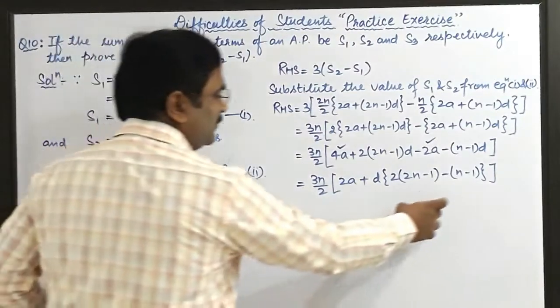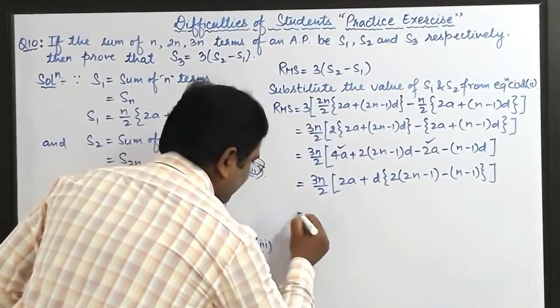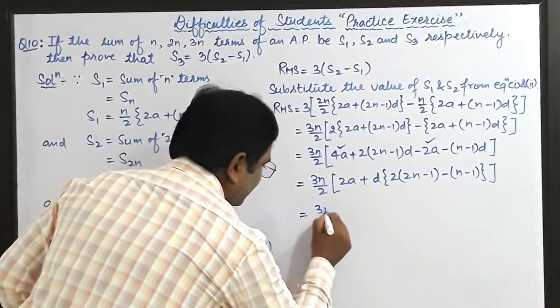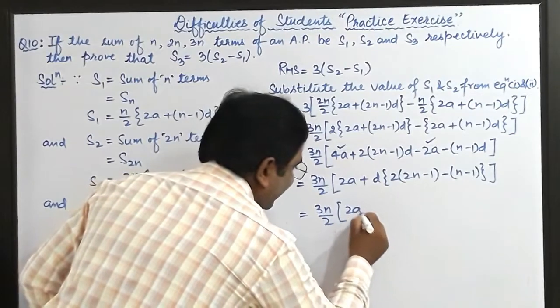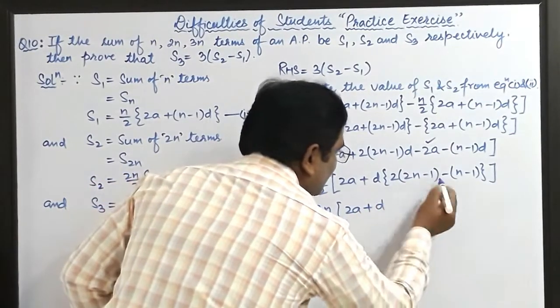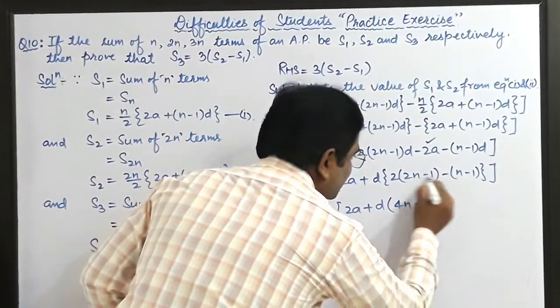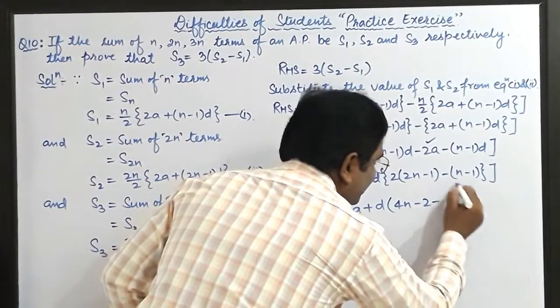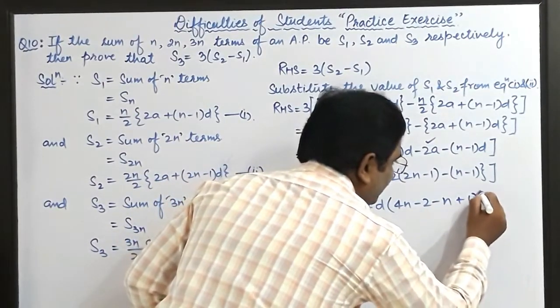Now let us simplify this curly bracket. It can be written as 3n upon 2 into 2a plus d into, now simplify it, 2 2s are 4n minus 2 1s are 2 minus n and plus 1, right?